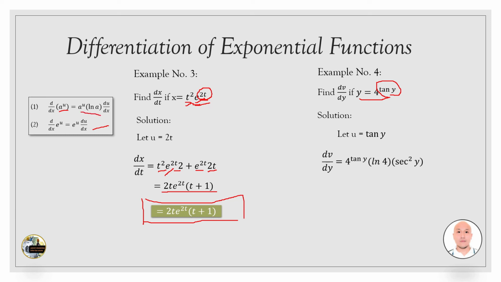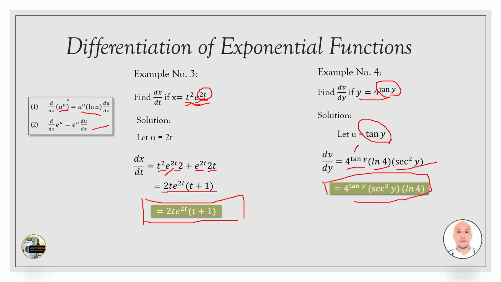We'll use formula number 1: a is 4, u is tangent y. Then ln a, so ln 4, times the differentiation of tangent y, which is equal to secant squared y. Then our final answer is 4 raised to tangent y times secant squared y times ln 4.